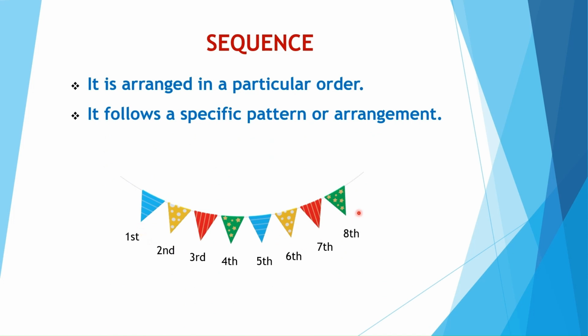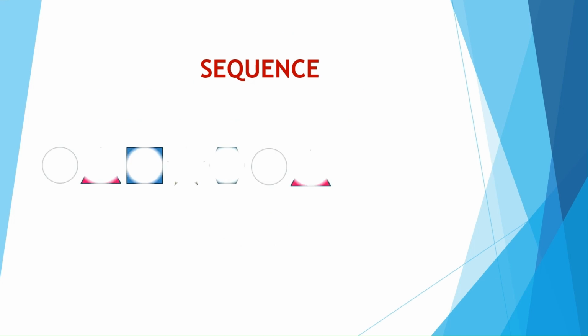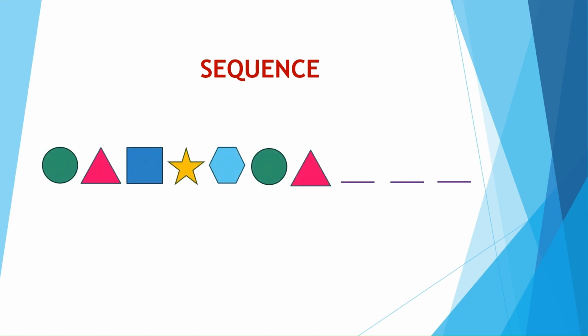In this example, the pattern consists of 4 colors, which repeats in the same order after the 4th color. The pattern of this sequence is similar to the previous example. This time, after the 5th shape, it goes back to the first one and follows the same order.